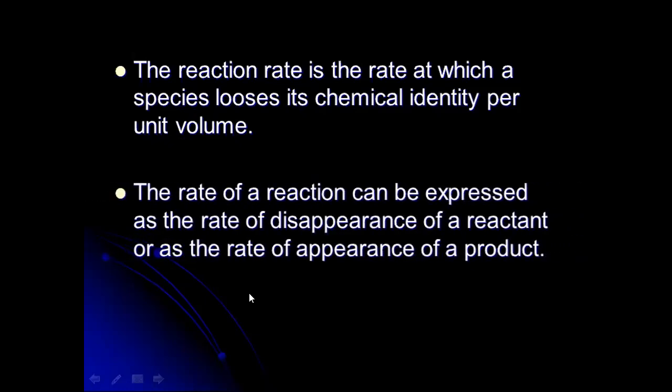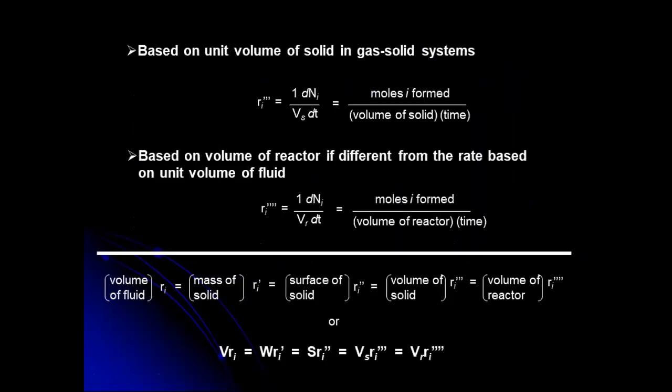The rate of reaction can be expressed as the rate of disappearance of the reactant or the rate of appearance of a product. So if the rate equation or the rate law that we are writing is expressed in terms of the reactant, I'd like to emphasize this, and I'd like to go back to the previous slide.